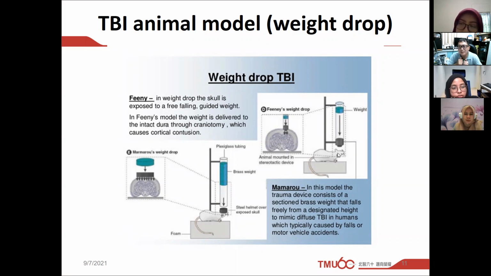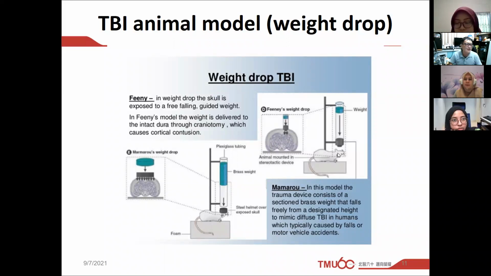We don't want to kill the mouse right away, so we need to adjust the weight and the height. Okay, so we make the right condition. The mice will survive, but get injured. So it allows us to do some drug experiments. So that's what we call weight drop.